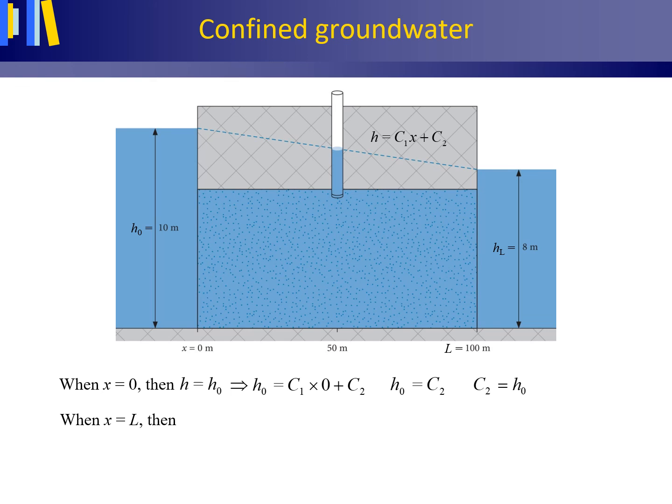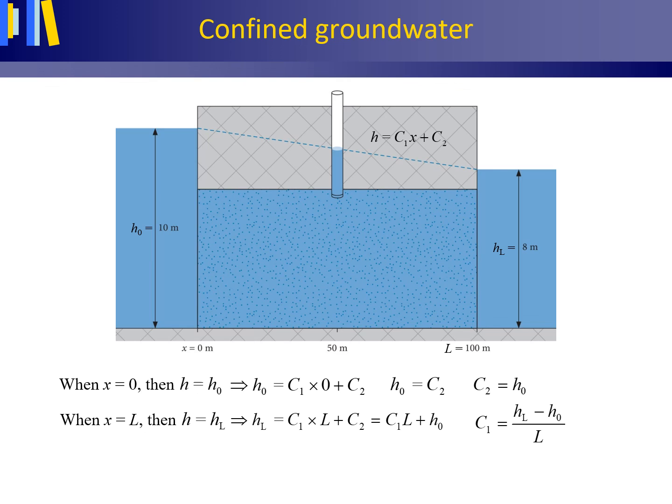Let's now insert the right boundary condition. When x equals L, then H equals HL. From this it follows that HL equals C1 times L plus C2. And of course we already know that C2 equals H0. So HL equals C1 L plus H0.